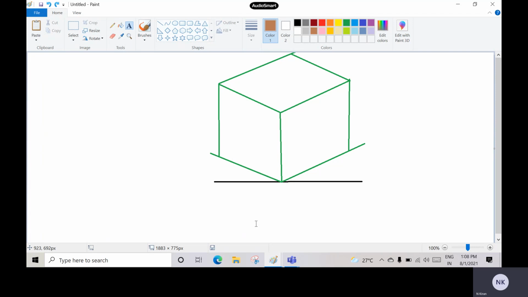This is the 3D cube which we already know from previous classes. Here, if you consider the angle at any corner of the cube, what is the total angle? It is 360 degrees.